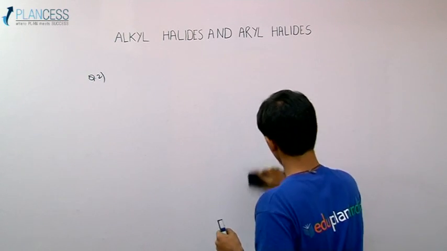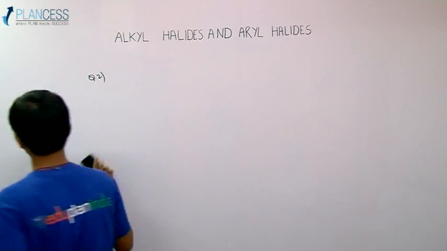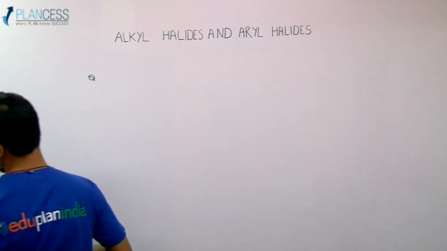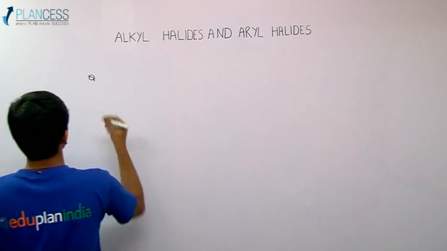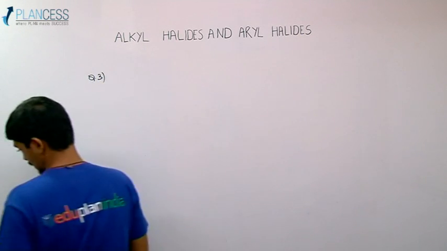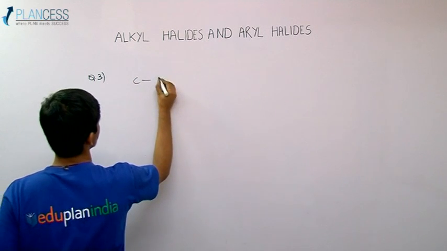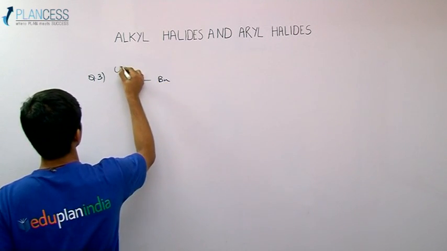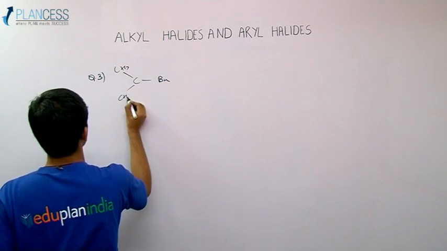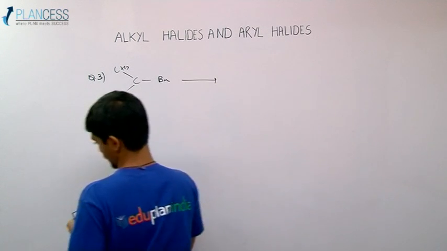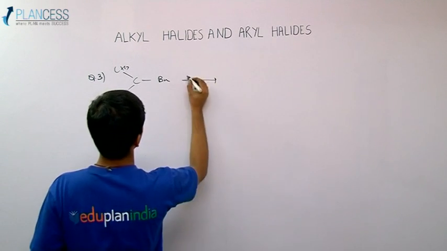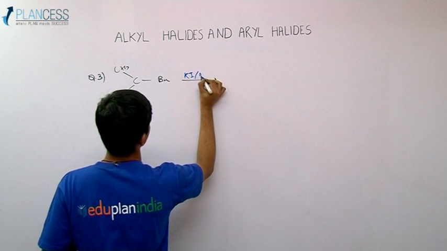There are 4 options, there are 4 questions, and obviously you have to write the products for all the 4 reactions. The first one is CH3CHBrCH3, the reagent is KI in acetone.